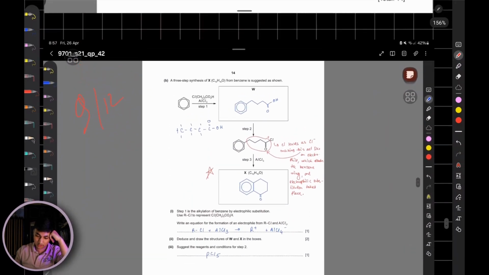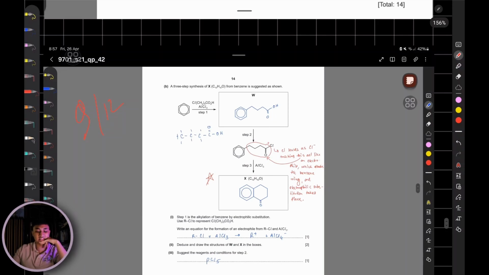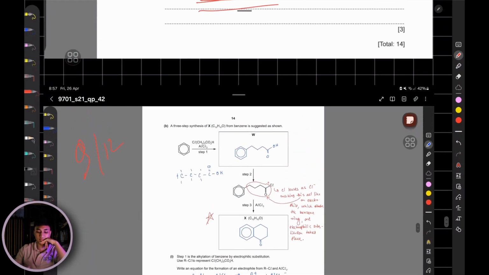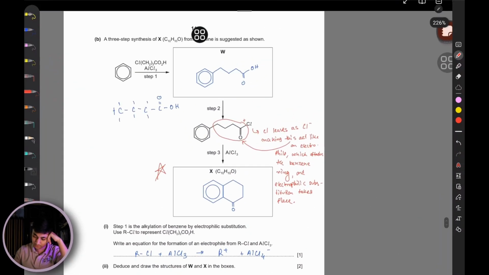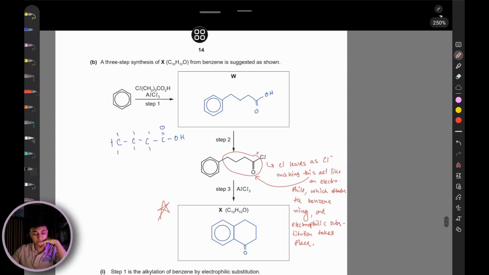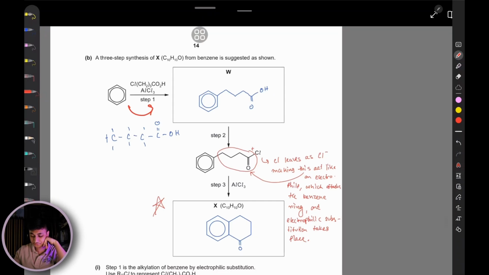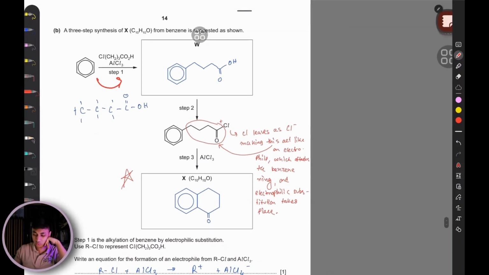In case of question 12, this is from Summer 21 and paper 4.2. Notice this question. A 3-step synthesis of X, C10H10O from benzene is suggested as shown. So this benzene goes through something, most likely an electrophilic substitution reaction, and this long chain is added to the structure by replacing the H. Step 2, what's happening in step 2?